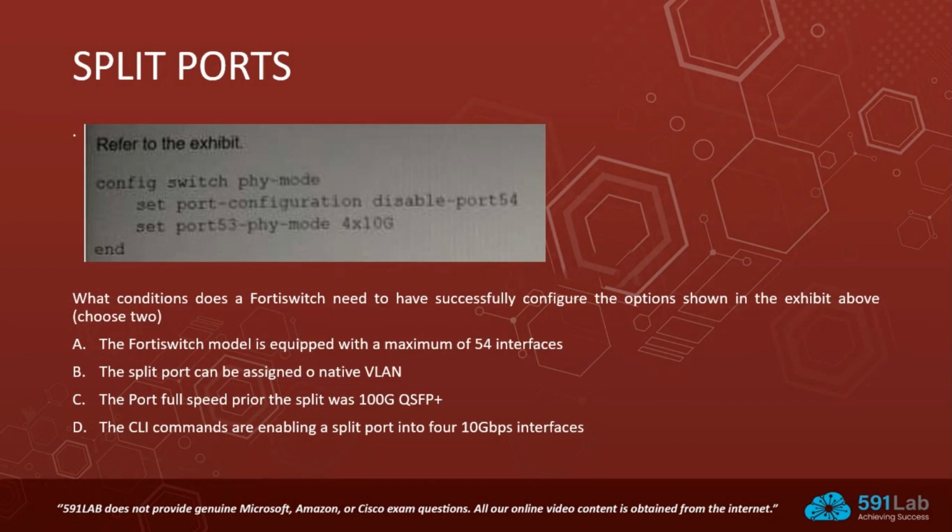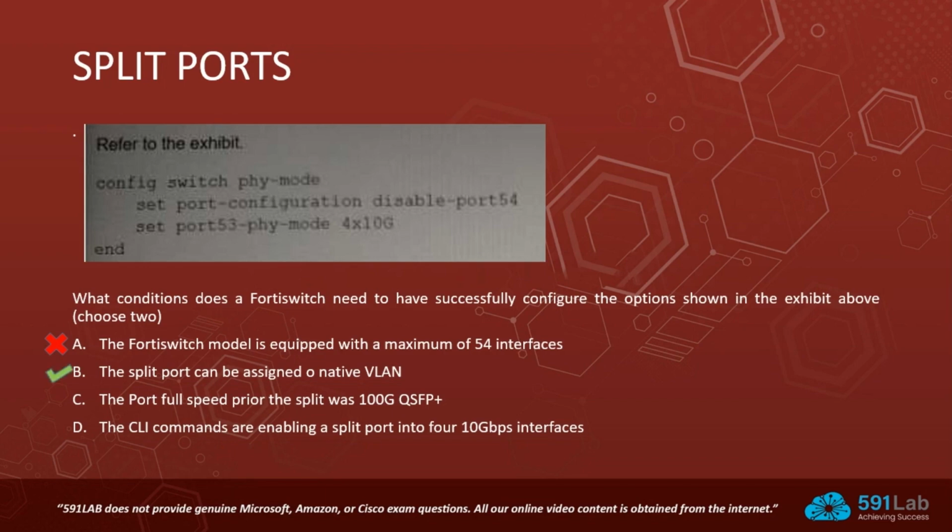Let's go back to the question and find out what is the correct answer. Answer A. The FortiSwitch model is equipped with a maximum of 54 interfaces. This answer is incorrect. Answer B. The split port can be assigned to native VLAN.